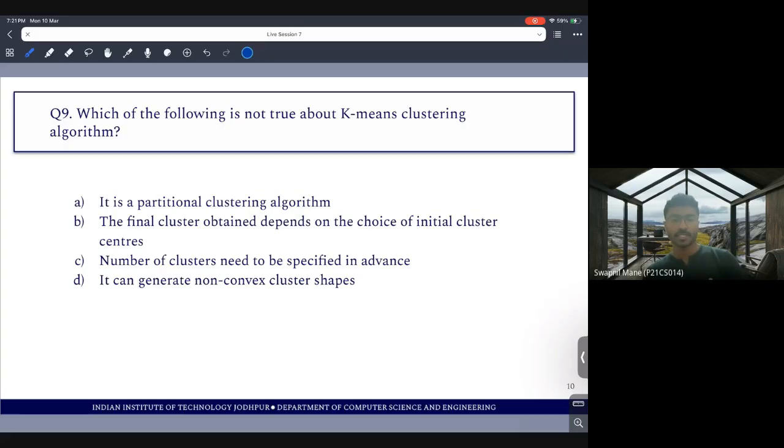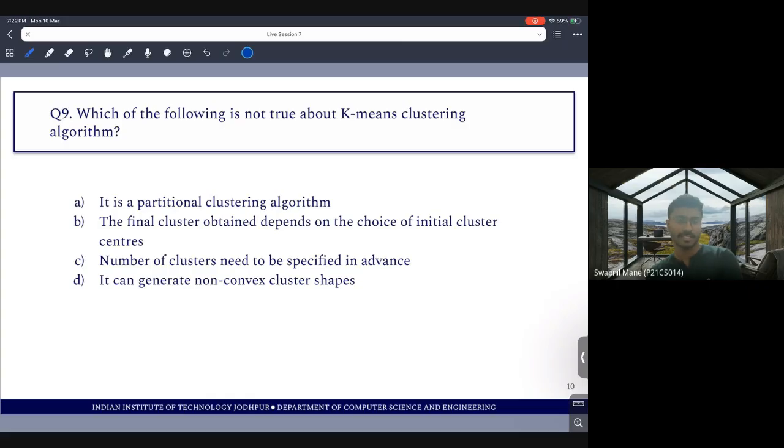Which of the following is not true about K-means clustering algorithm? It is a partitional clustering algorithm. That is true. The final clusters obtained depend on the choice of initial cluster centers. Okay. The number of clusters needs to be specified in advance. That is true.